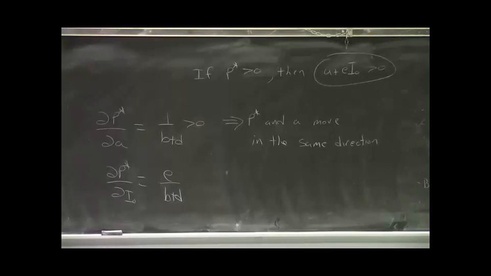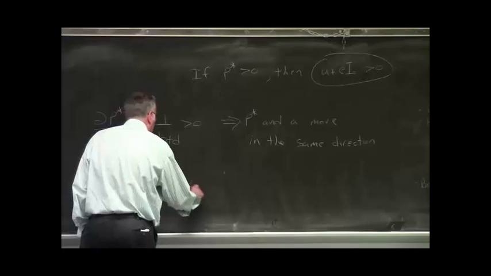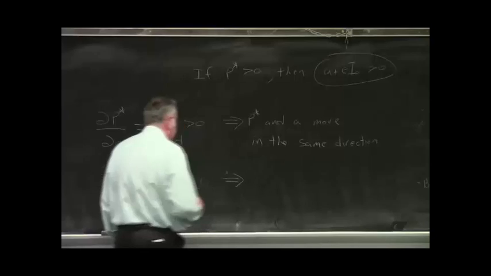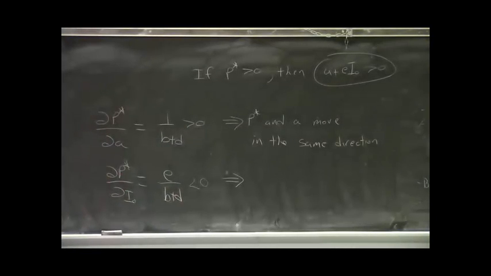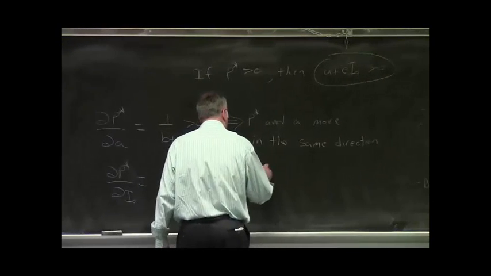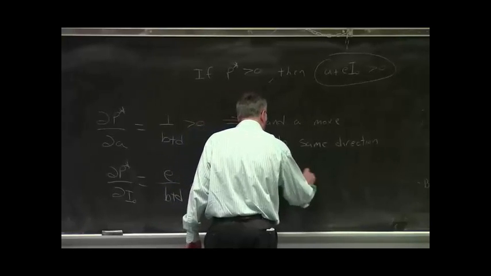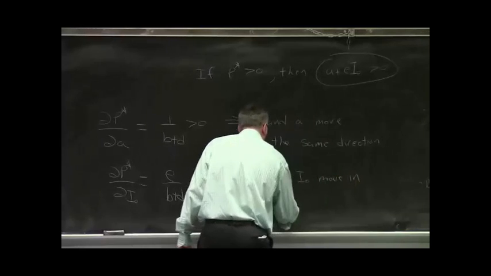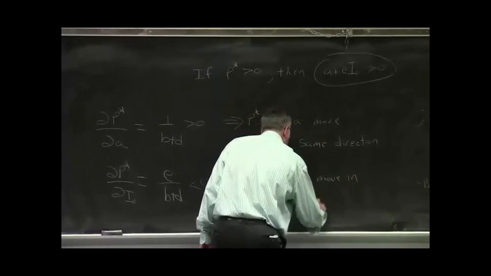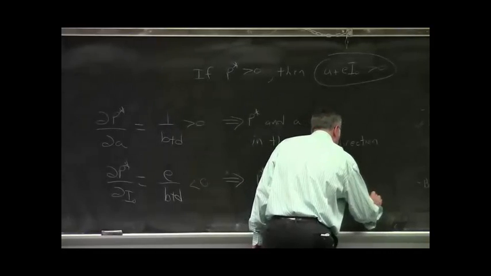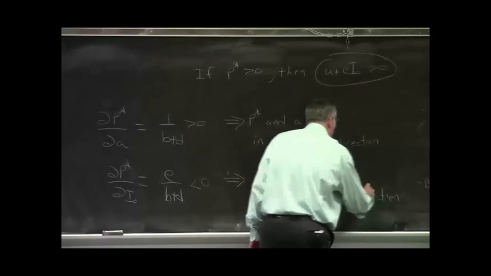Negative, because E is negative. So, Andrew, that implies what? Exactly, that I and P star move in the opposite direction.